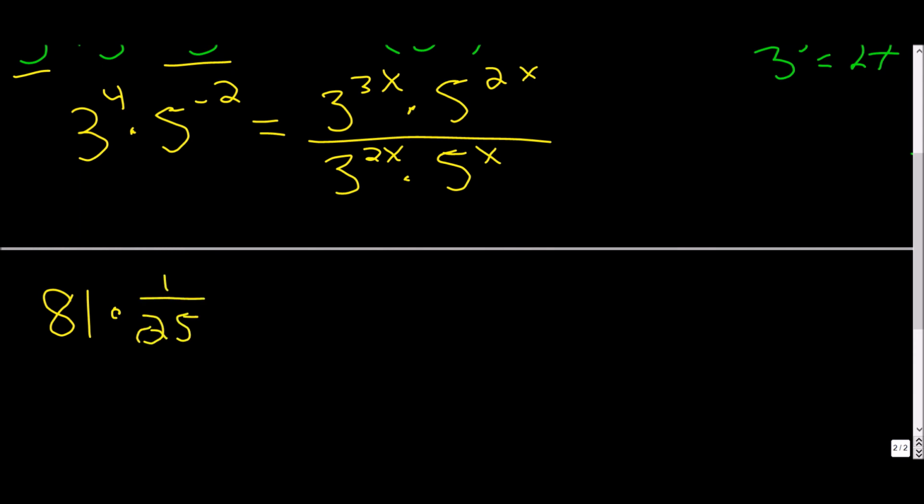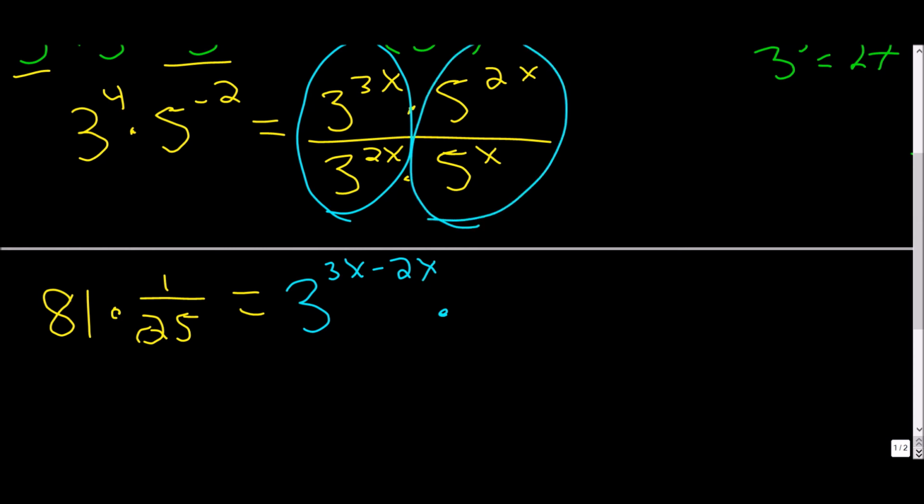So if I do 3 to the 3x over 3 to the 2x, that's the same thing as 3 to the 3x minus 2x. And if I do 5 to the 2x over 5 to the x, it's the same thing as 5 to the 2x minus x.